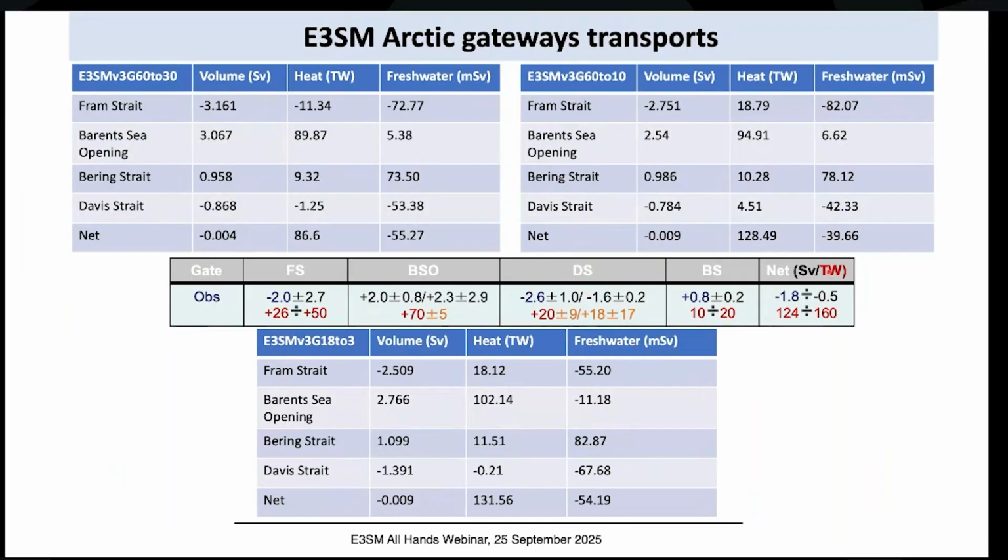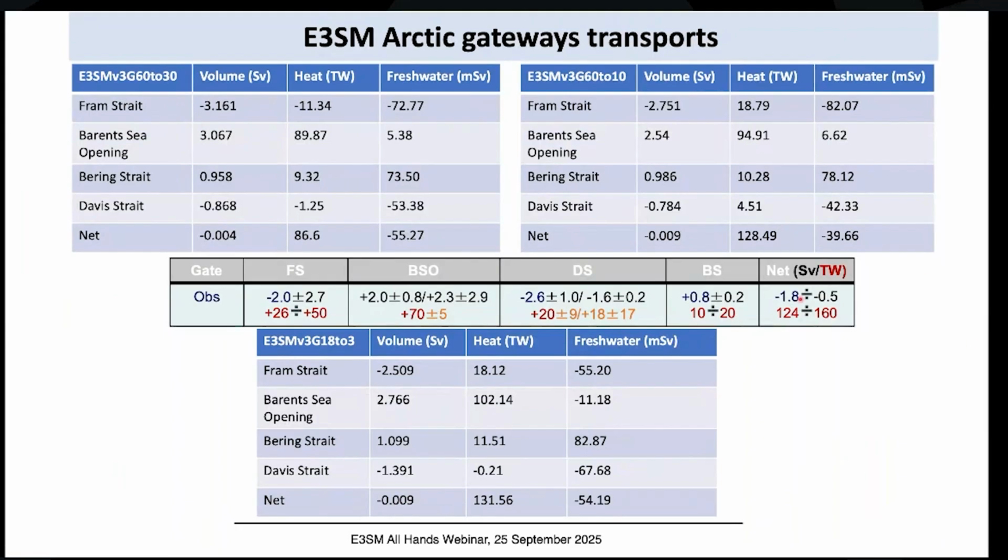One important thing is that from observations, the problem is that we're not getting the net zero volume balance. So comparing the individual gateway transport to model estimates is challenging, because we need to have a net zero volume transport from the model simulation to conserve volume and property.